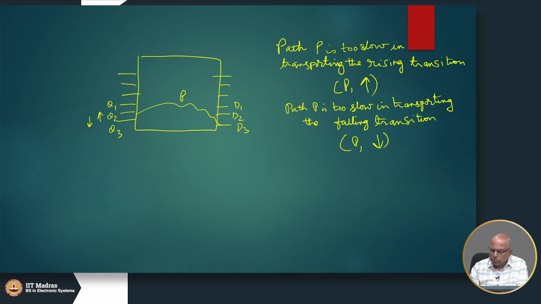So, given that the number of paths is very large, it may be in the order of several millions in a big circuit, we have to multiply it by 2 because we have to also worry about rising and falling transitions. So, the path delay fault list is too large.